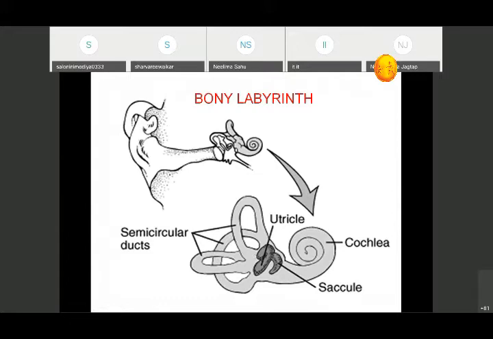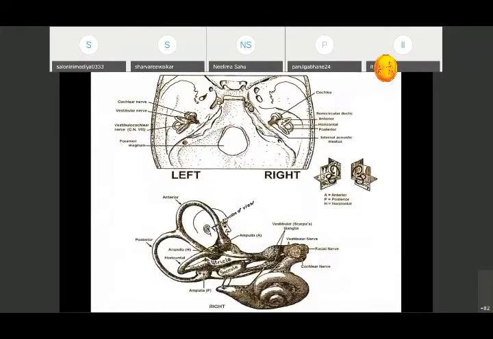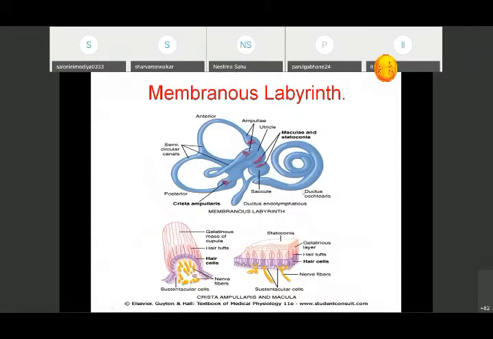The bony labyrinth mainly consists of a coiled structure in which the membranous labyrinth is located. The membranous labyrinth has two main components, that is the vestibular apparatus and the cochlea.